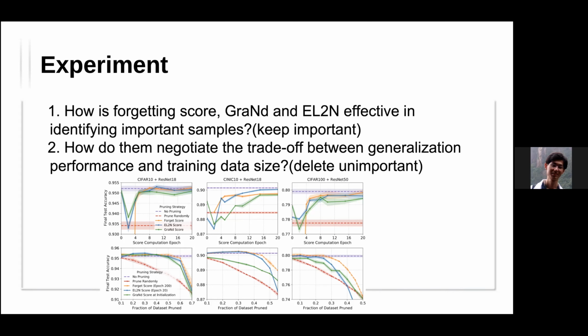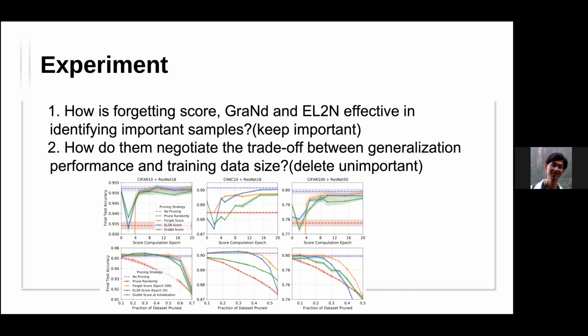And how could it preserve its efficiency? What do you mean by efficiency? You're saying that EL2N is less costly. I say approximation, but I think it's more costly than the grad norm score itself, because EL2N is based on the grad norm score.